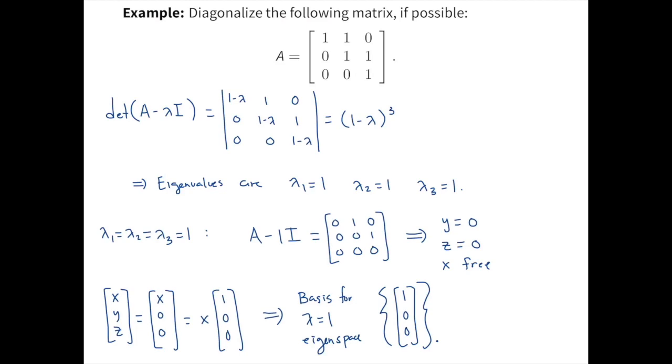All that this procedure has done for me is produce 1 linearly independent eigenvector. Now, of course, I could take this eigenvector and multiply by any non-zero scalar, and that would give me another eigenvector with eigenvalue 1. But those eigenvectors would not be linearly independent. They'd all be linearly dependent. So in fact, this procedure only produced 1 vector when in reality I needed 3, and therefore my matrix is not diagonalizable.